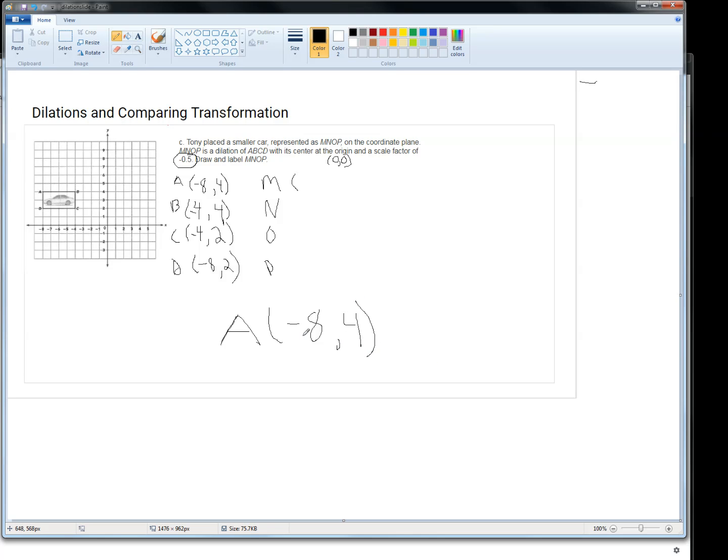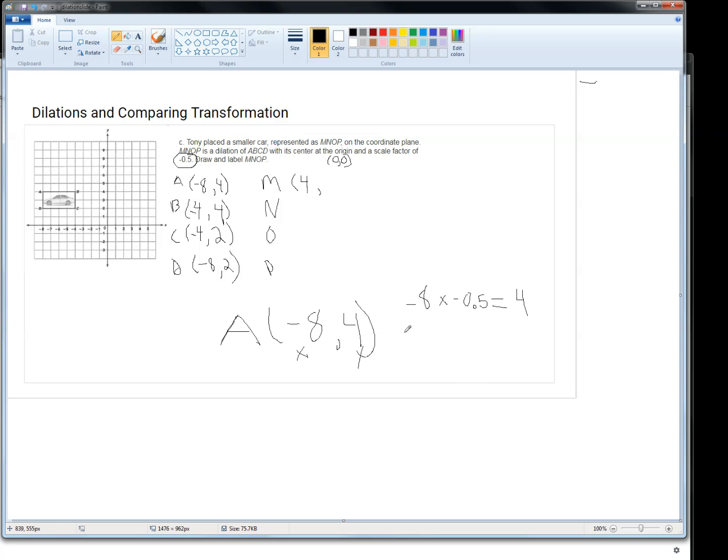In order to get the new x value, we are going to multiply negative 8 times the scale factor, negative 0.5. When we multiply those together, we get a positive 4. We have the x value for our first pair.